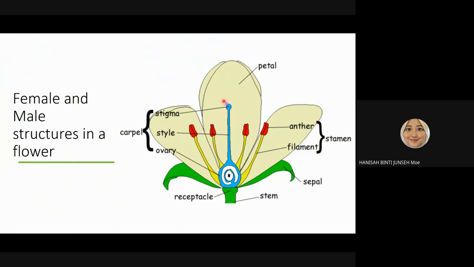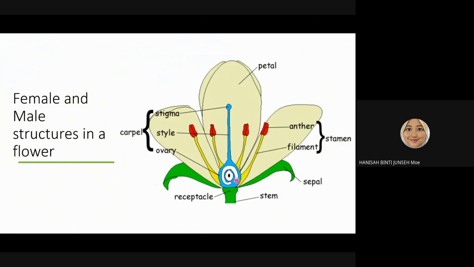Notice that this blue color here, this whole thing here, is a carpel. Carpel is the female organ or female part in the flower. This carpel has a stigma at the top, and down below we can see a style. Style holds the stigma, and going deeper we find an ovary.